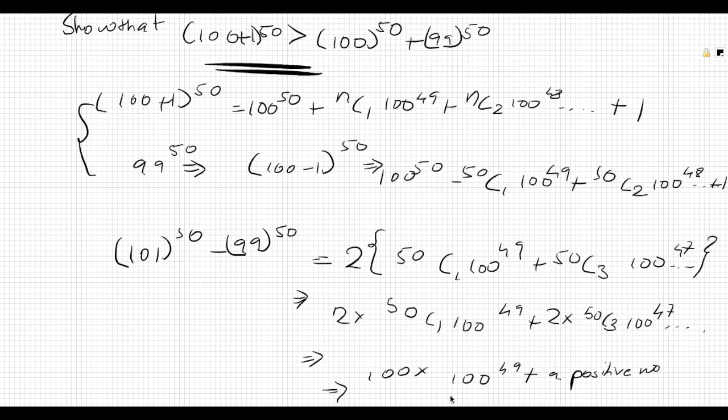This whole thing is greater than 100 to the power 50. When you simplify that even more, you get 101 to the power 50 minus 99 to the power 50 is greater than 100 to the power 50.